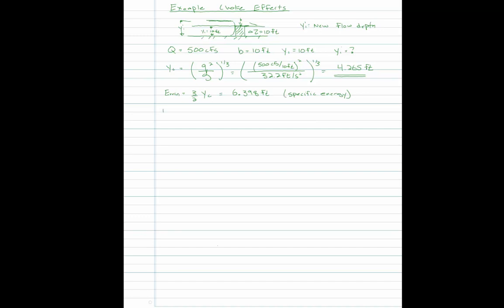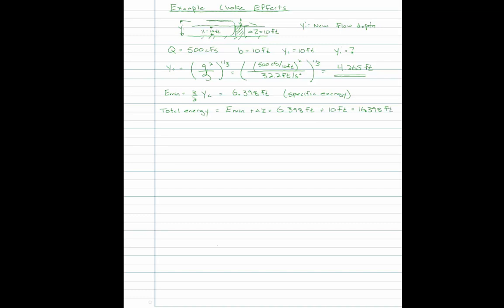And the total energy accounts for the elevation above the channel bottom, including the sill. And so that's going to be E minimum, which we've just found, plus the delta Z. And so that's the 6.398 feet plus 10 feet. And so the total energy required, relative to the channel bottom, is 16.398 feet.